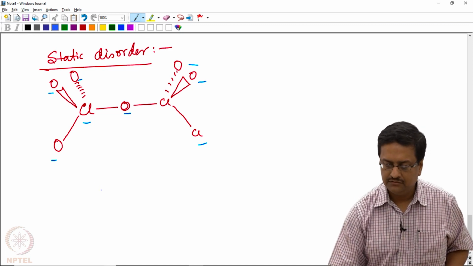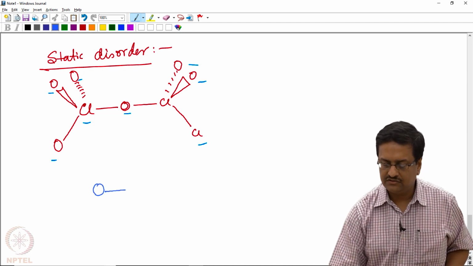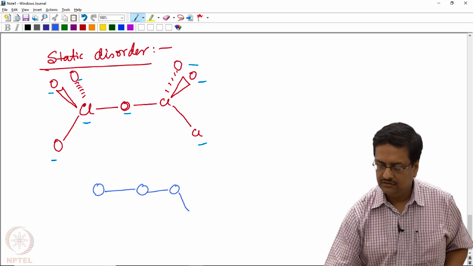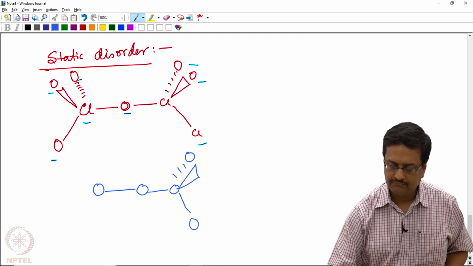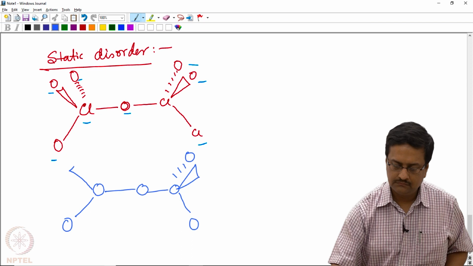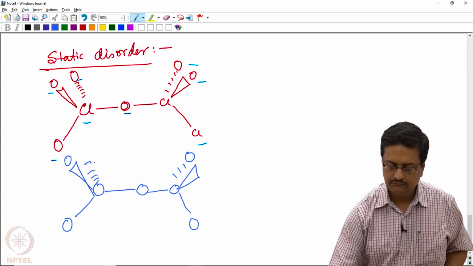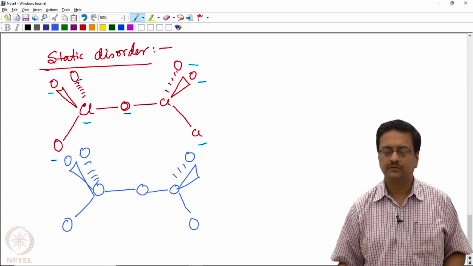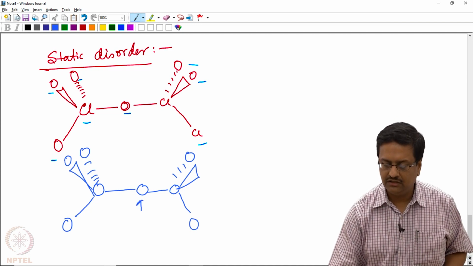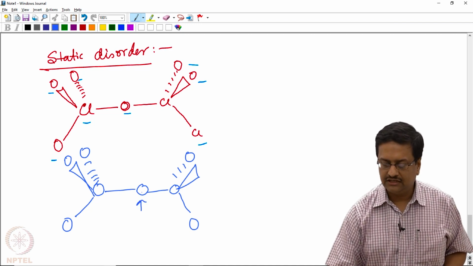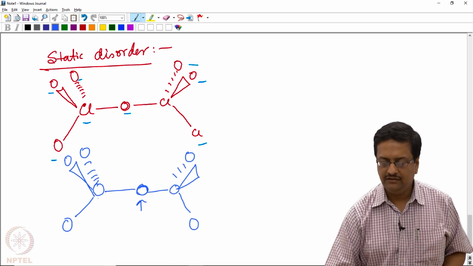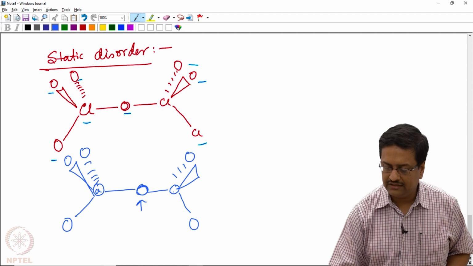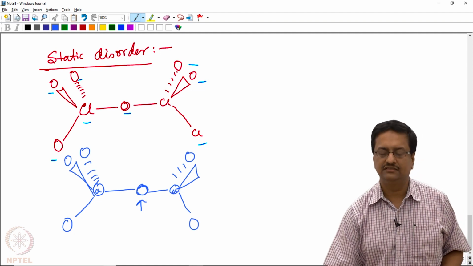you have atoms which give you a feeling that it is like this. So, it actually means that this middle oxygen is serving as the common atom for both sides, and these 2 sides have different chemical occupancies.